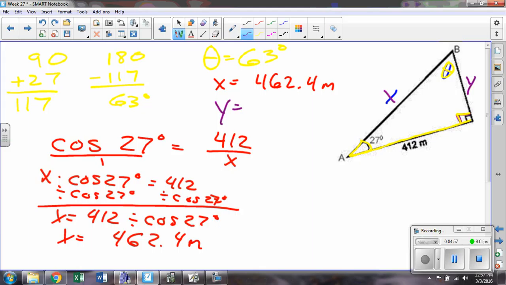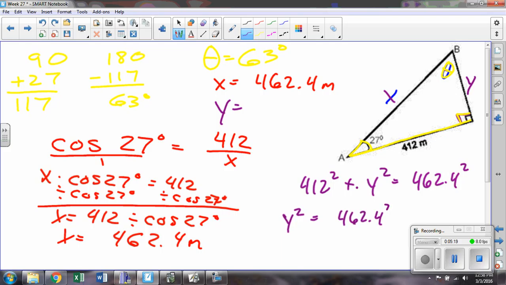Yeah, we could use Pythagorean Theorem. Completely valid technique. So we would have leg squared plus leg squared equals hypotenuse squared. More generally then, y squared equals 462.4 squared minus 412 squared.